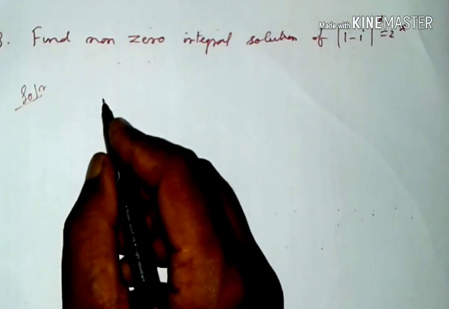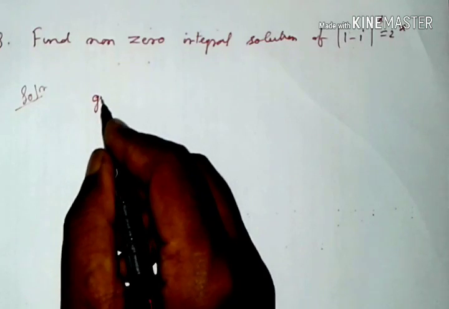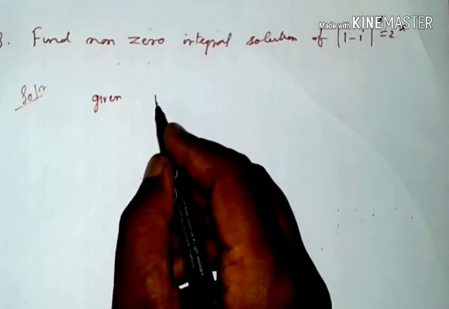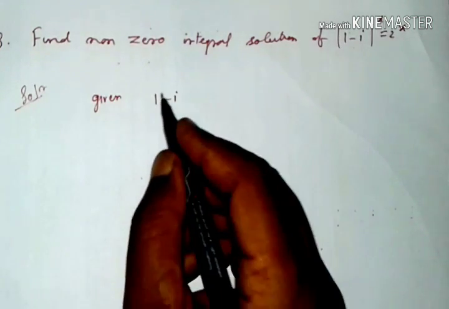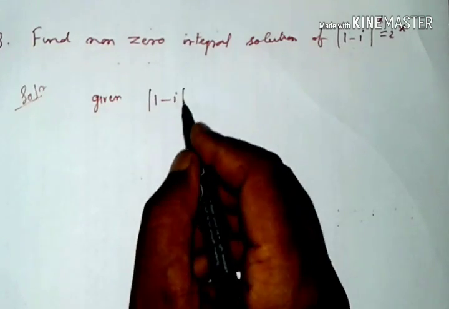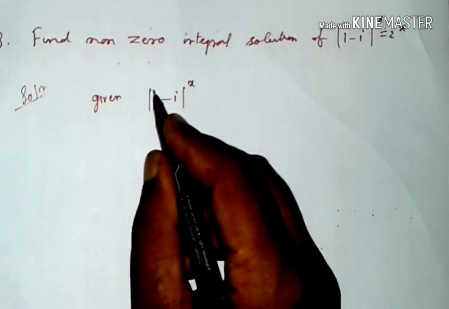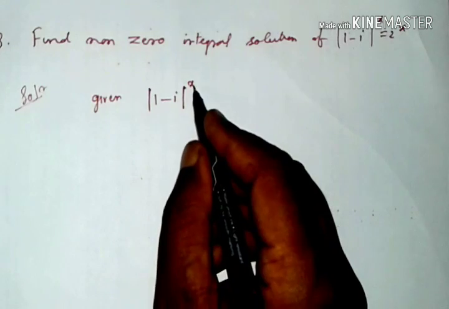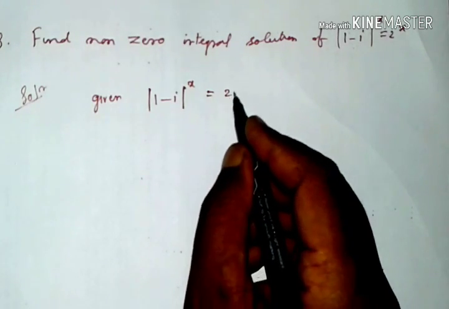Here given is 1 minus i whole to the power x, that is, |1 minus i| to the power x equals 2 to the power x.